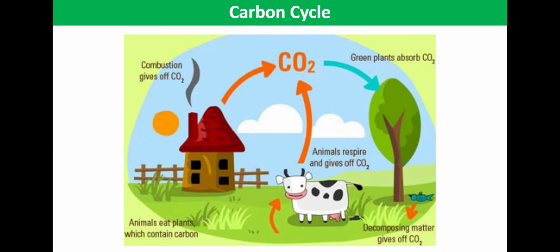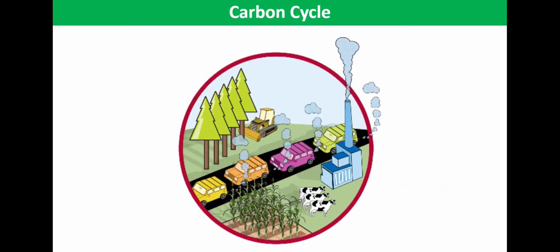When we burn fossil fuels, so in the process of combustion, we're taking those fossil fuels, which have the carbon base, and again, we are releasing carbon dioxide into the atmosphere. One of the big problems we face today is that the carbon cycle, which normally is so beautifully balanced, is becoming out of balance.